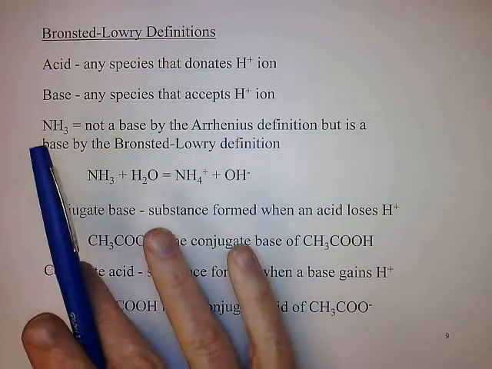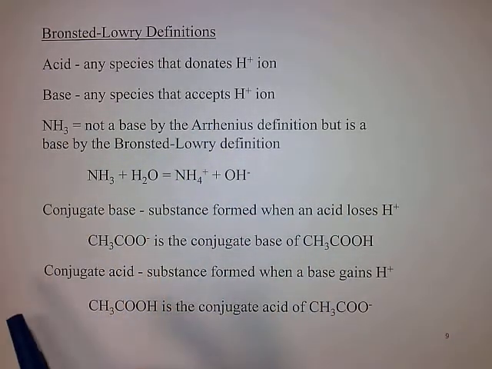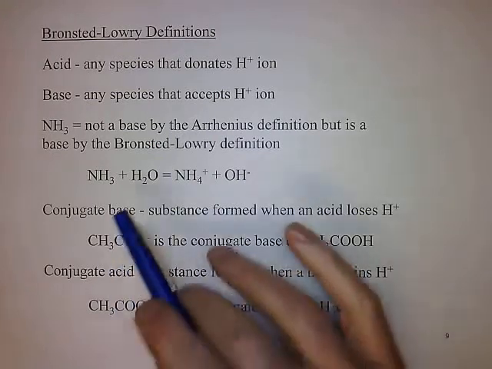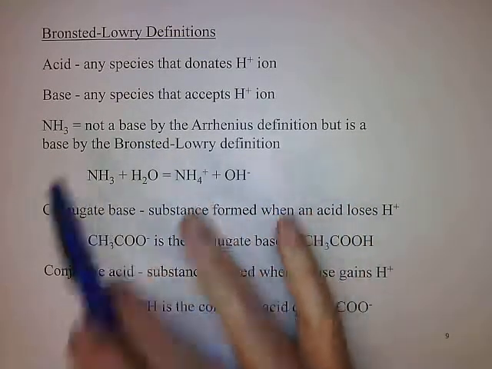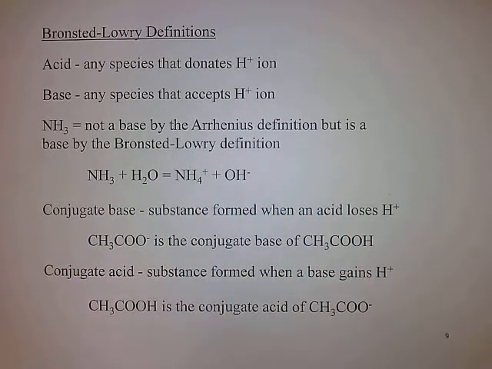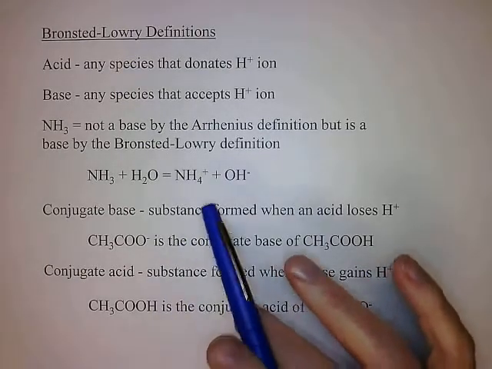So, for example, if you look at ammonia, now ammonia is soluble in water, it's a weak base, solutions of ammonia are basic. Where's the hydroxide coming from? It's not a base by the Arrhenius definitions, but it is a base by the Bronsted-Lowry definitions.